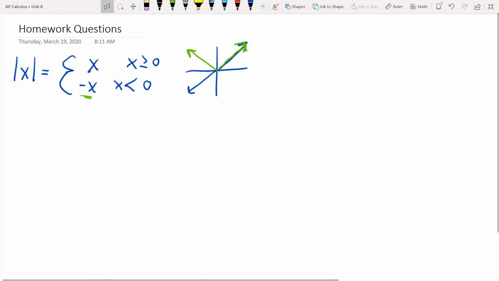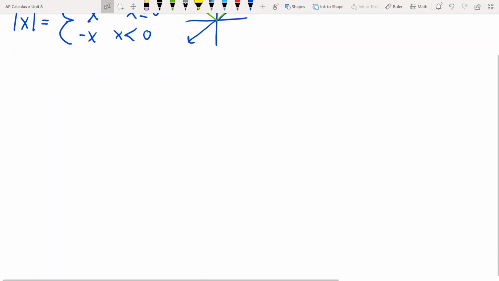We have the line negative x when x is less than 0, and this is now the line that's negative x. So using that idea, let's take a look at a couple of the homework questions from the absolute value definition perspective. Looking at number 93 on the homework, part A, the displacement, a lot of you got that with no problem.